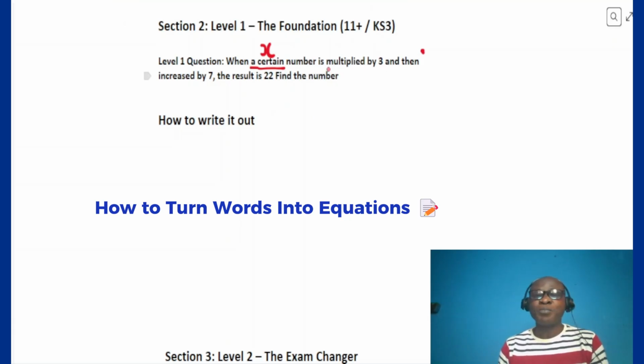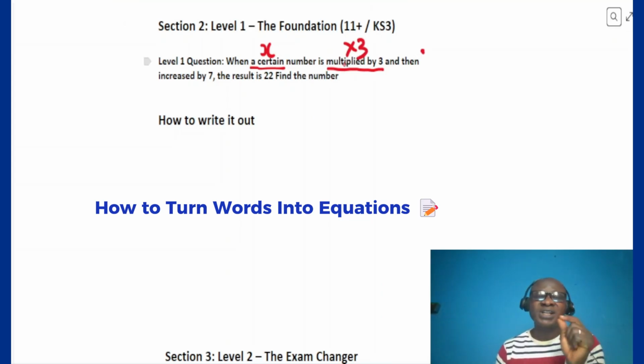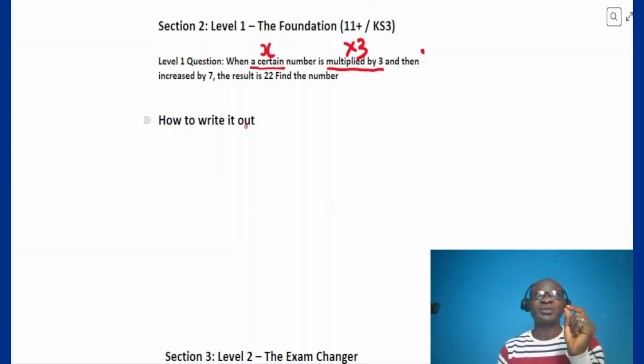Multiplied by 3 means times 3. You are multiplying that certain number that you do not know, which you have already represented as letter x. So, in other words, you are multiplying letter x. We are looking at how to write it out.